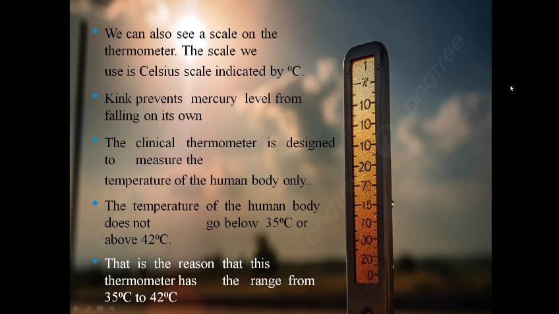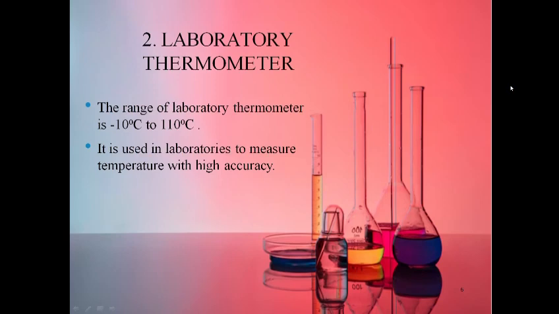ओके, next is the laboratory thermometer. The laboratory thermometer is used to measure the temperature of different fluids or different chemicals inside the laboratory. So in the laboratory when we are performing certain experiments, हमारा जो temperature difference होता है तो बहुत ज़्यादा होता है.